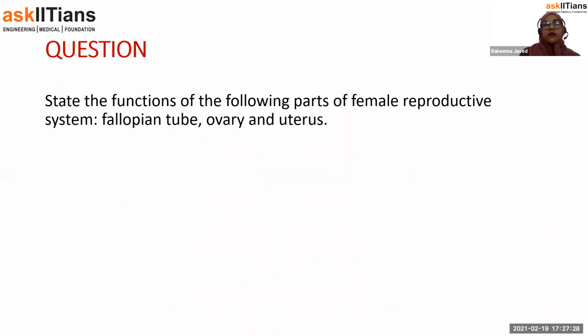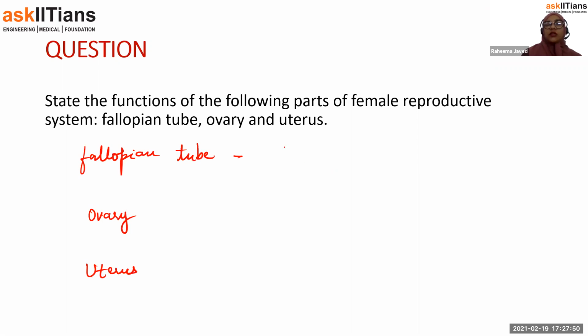Okay, so let's move on to the next question, where we have to state the functions of the following parts of the female reproductive system: fallopian tube, ovary, and uterus. You people are well aware of the functions of fallopian tube, ovary, and the uterus.